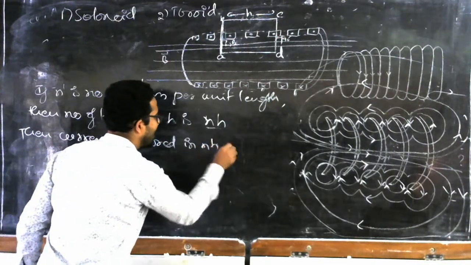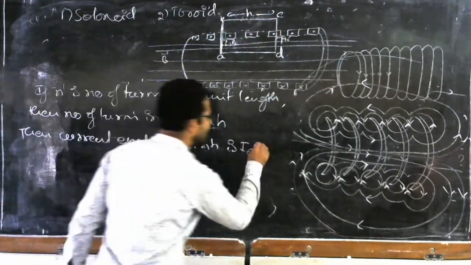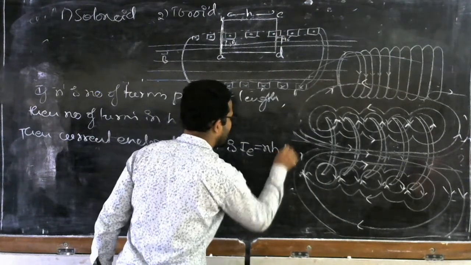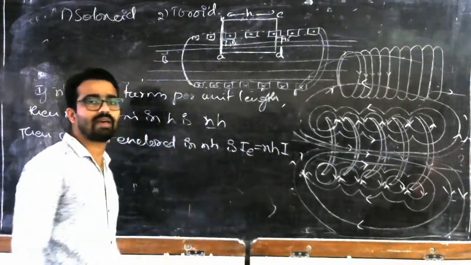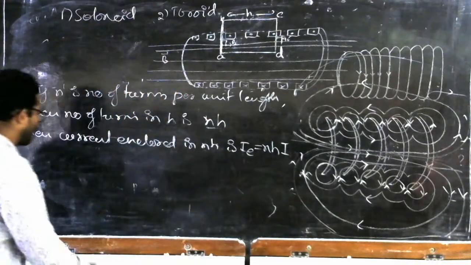The current enclosed is I enclosed, which is equal to N into h into I. I is the actual current. The current through this number of turns is N h I.